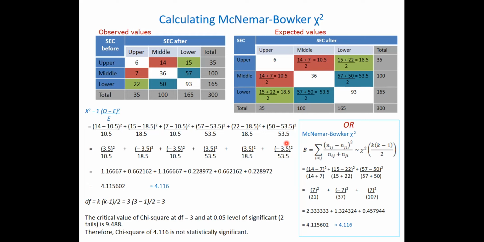For example, this 7 and 14: 13 plus 7 over 2 will give you 10.5 for both of them. If you look at the green one, 22 plus 15 over 2 gives you 18.5 for both of them. The blue one, 50 plus 57 divided by 2, gives you 53.5 for both of them. That's how to calculate the expected value.